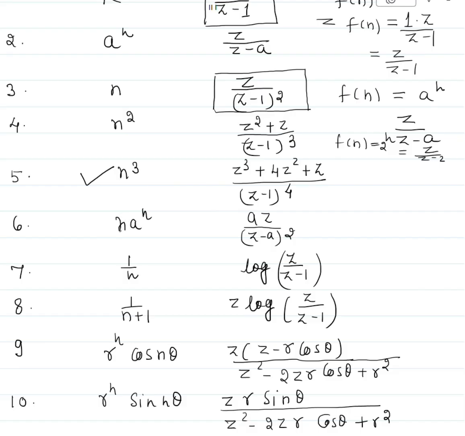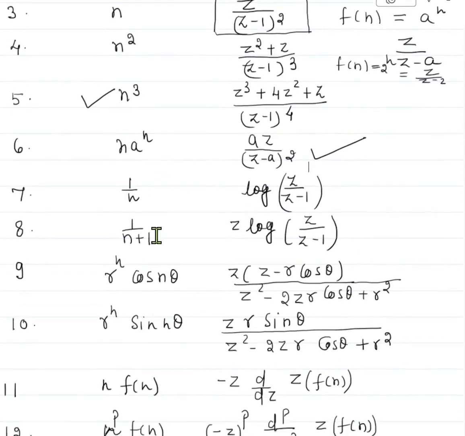So what is the formula of n a to the power n? This is az upon z minus a the square. So we have to learn this formula if you are using this particular function f of n, which is n a to the power n, in any question.